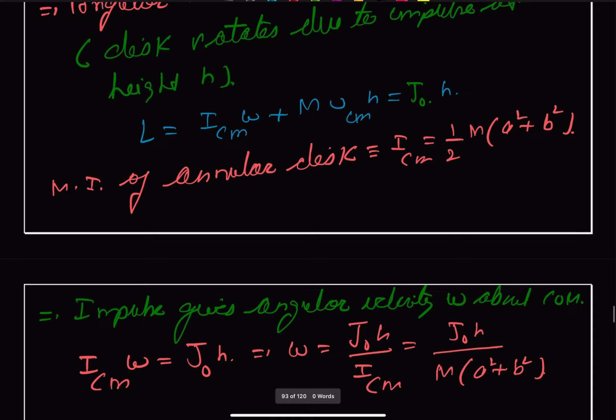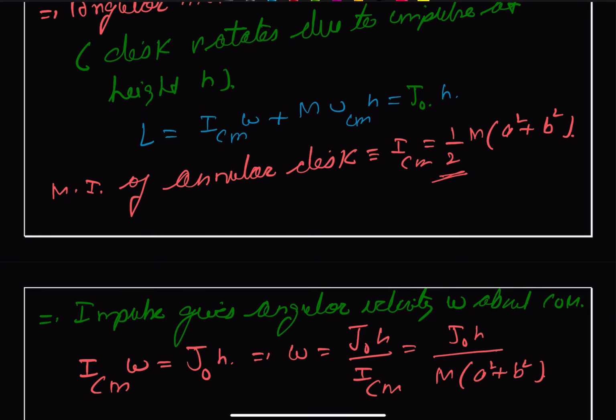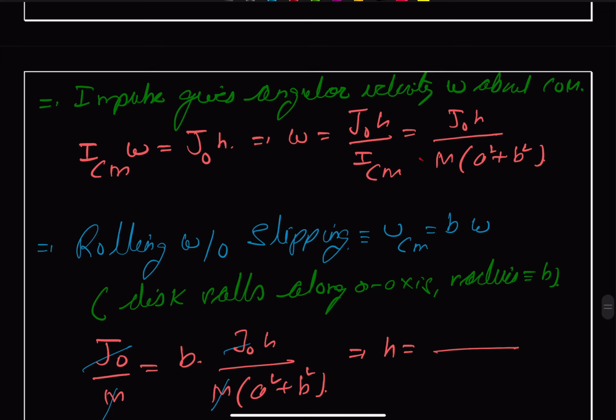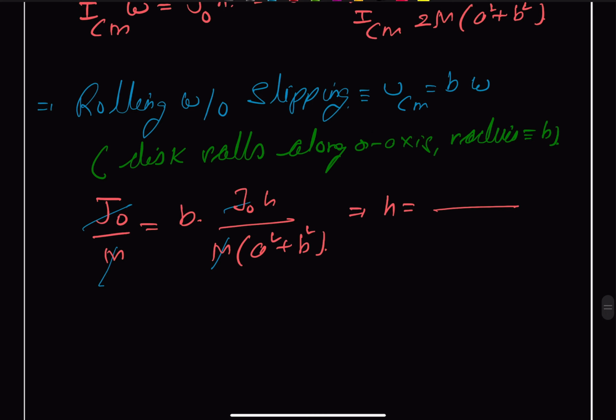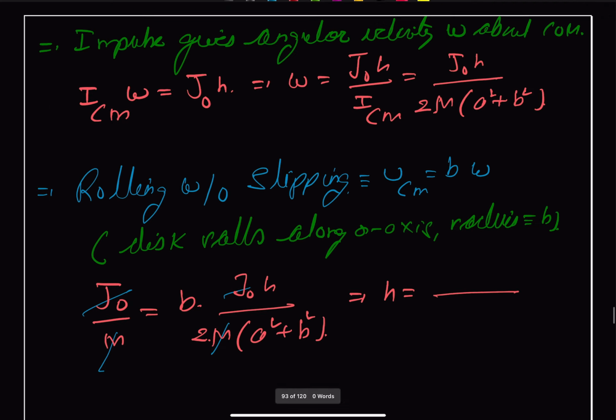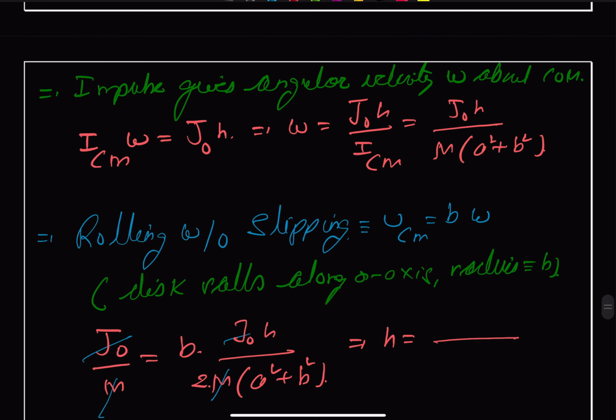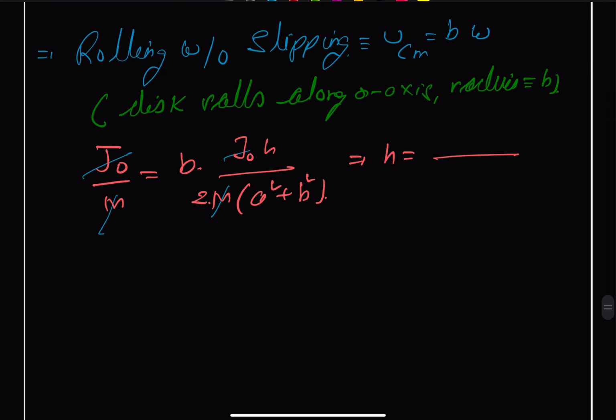it is 1 by 2. I missed somewhere 1 by 2. ICM is 1 by 2, sorry, not 2 but 1 by 2. So this is m by 2, and here also 1 by 2. So we get this as 2b.